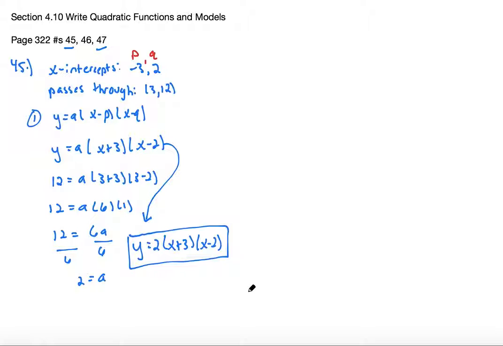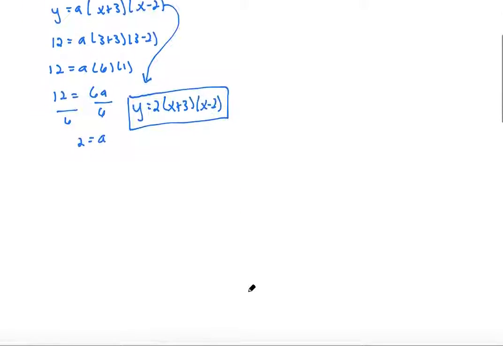All right, let's take a look at number 47. Okay, so 47 gives us the fact that our parabola has a vertex of (2, 7), and it goes through the point (4, 2).